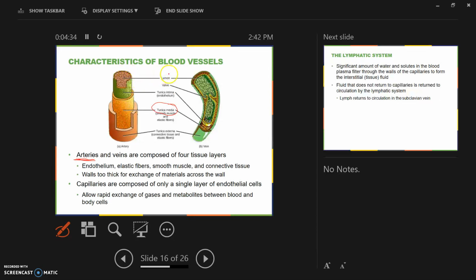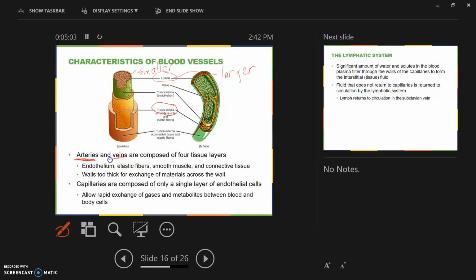The lumen is the open space inside of the blood vessel. So the lumen of an artery is going to have a smaller diameter, and the lumen of a vein is going to have a larger diameter. The reason is that arteries have very thick muscular tunica medias because arteries are under greater pressure than veins are.